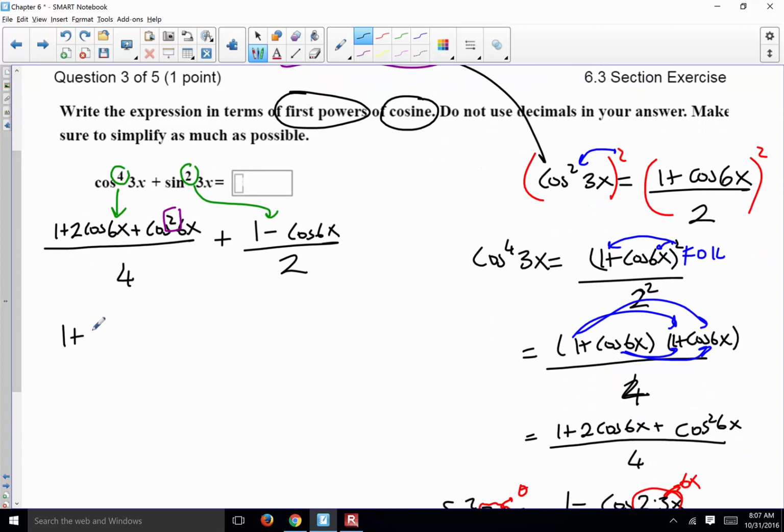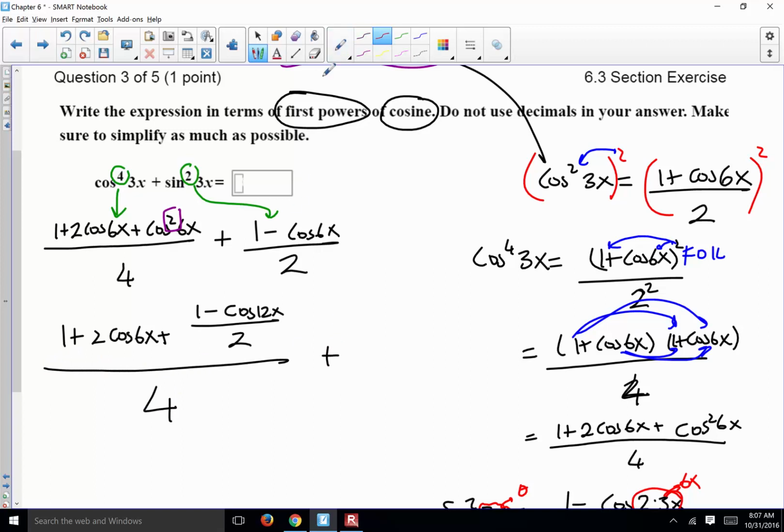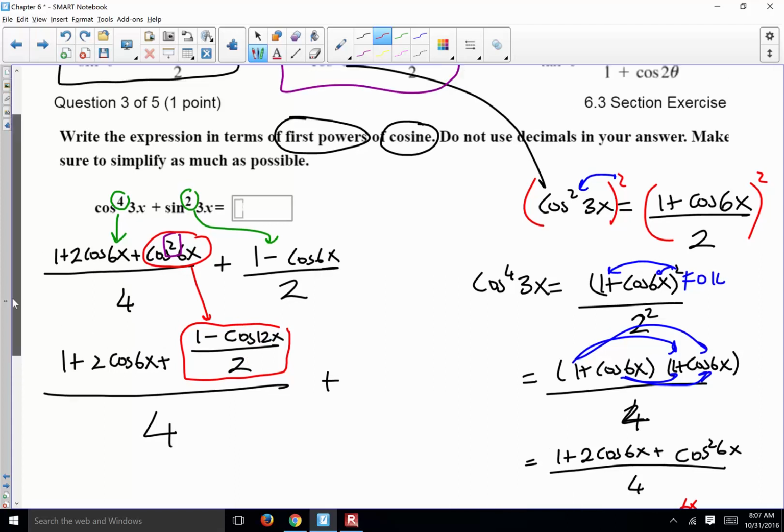This is 1, 2 cos 6x plus 1 minus cosine 12x over 2 over 4. Again, I'm replacing this by this. Anytime I have a square, I make it cosine twice the quantity inside, divide by 2. That's what it says here.